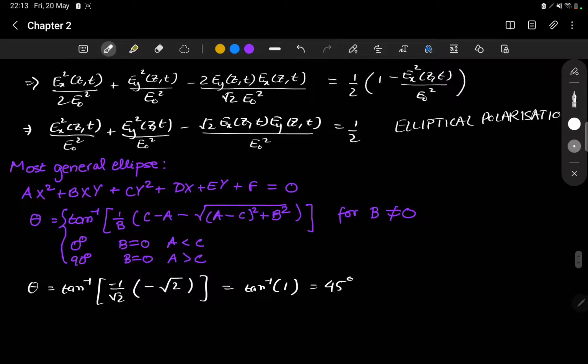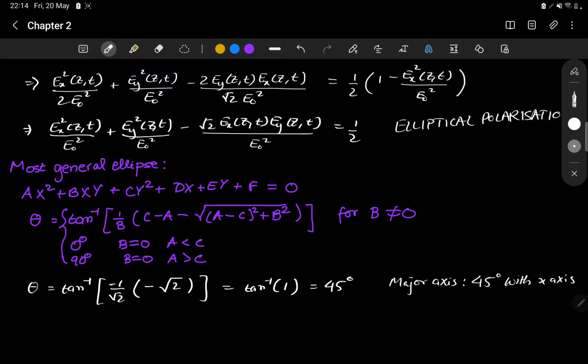So in this case, major axis is at 45 degrees with x-axis. So it is elliptical polarization with major axis at 45 degrees with the x-axis.